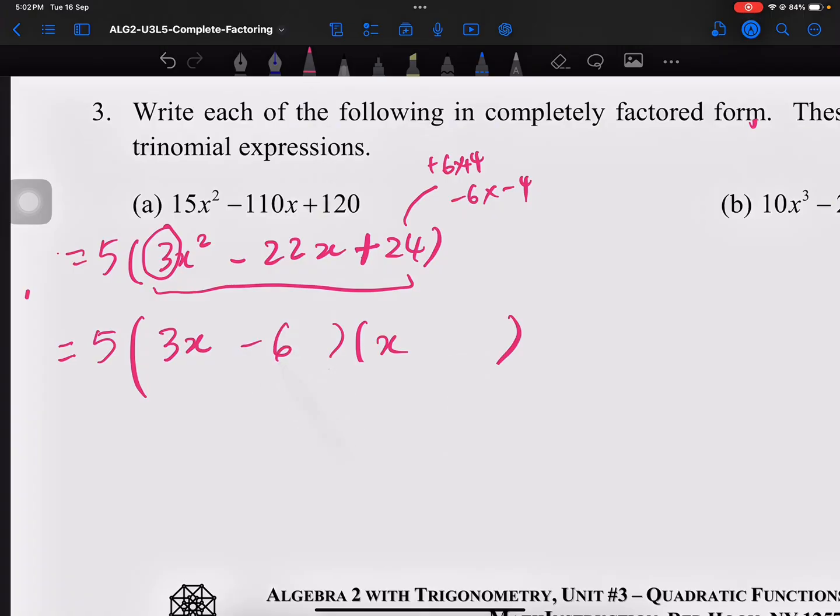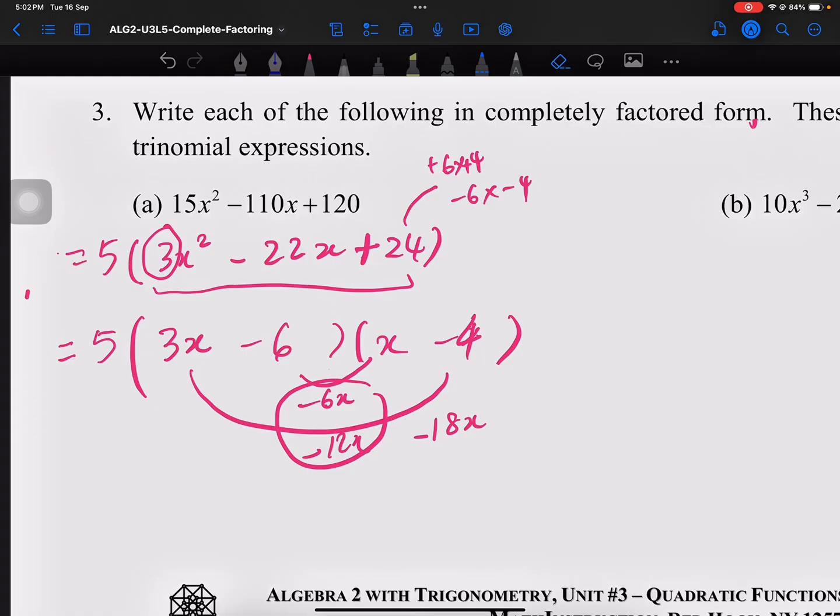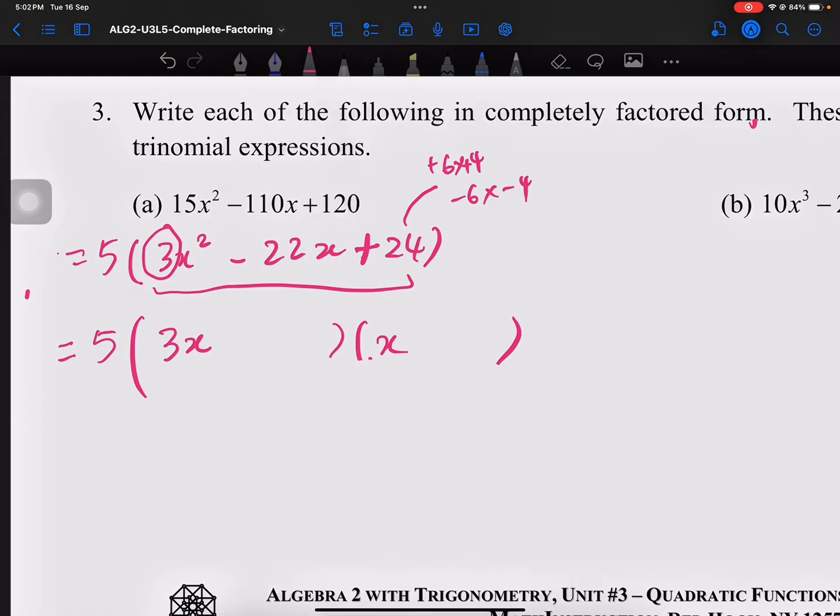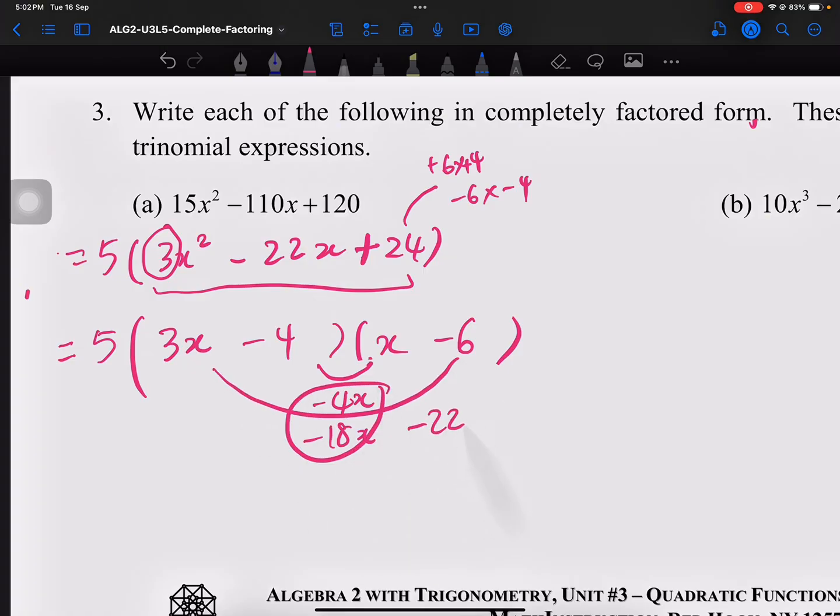So if we put 6x and minus 4, multiply it, it becomes negative 6x, negative 12x. When we add it, it becomes negative 18x. No. But we can also switch the 4 and 6. So minus 4 here, minus 6 here. We try multiply here, it becomes negative 4x. Multiply here, it becomes negative 18x. When we add up, it becomes negative 22x.